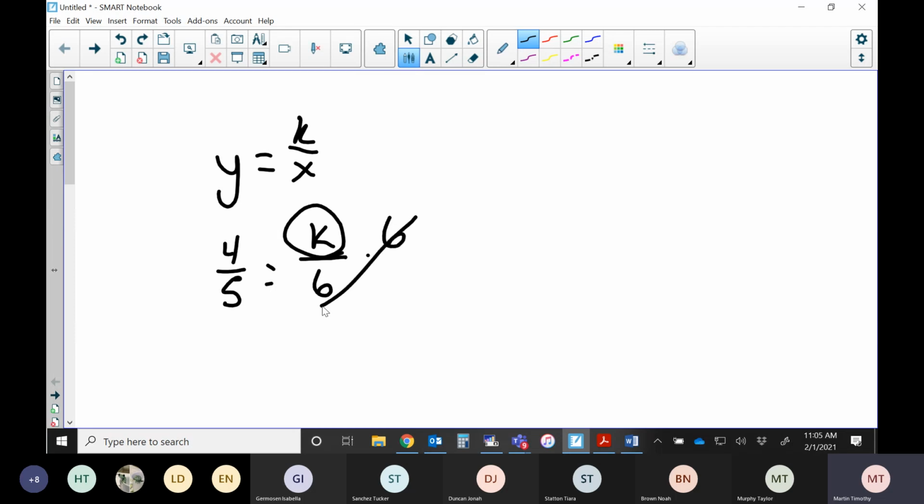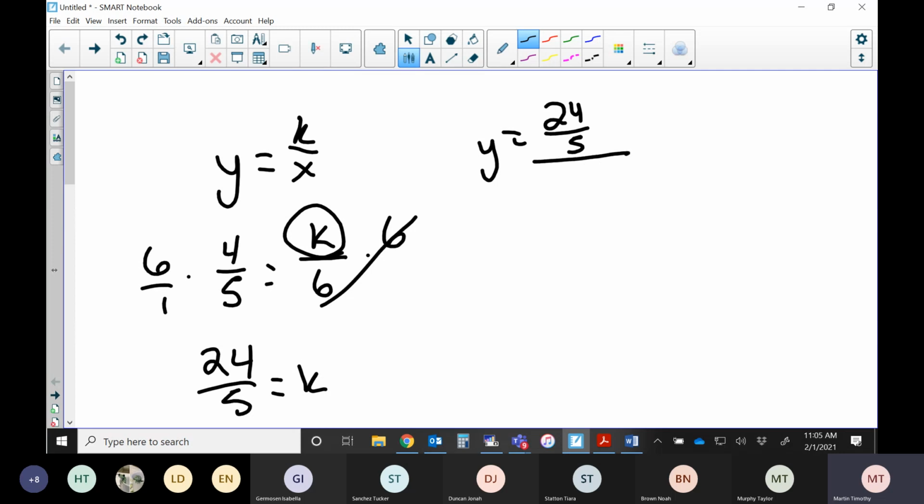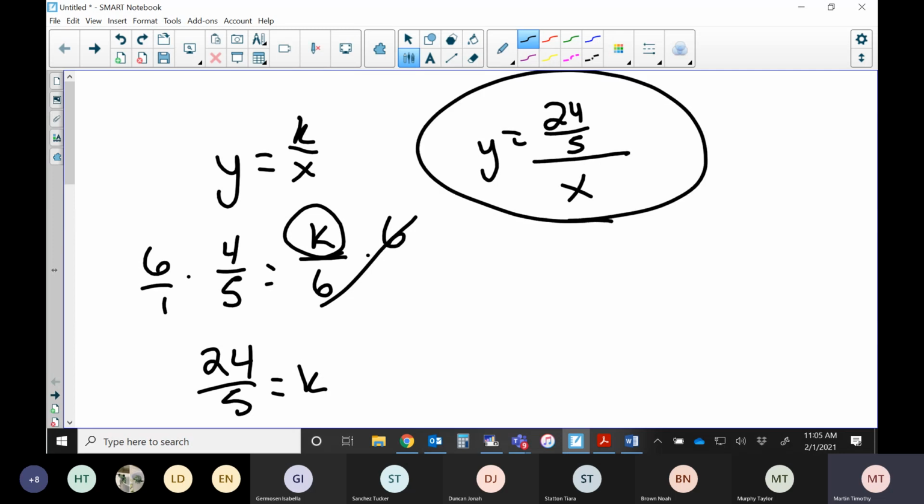So I times both sides by 6, and I end up with 24/5 as my constant. If they ask me for the equation, I go y equals 24 over 5 over x. The problem is you won't see this as your answer. That's the process of finding k. I found it, but you won't find this as the answer choice.